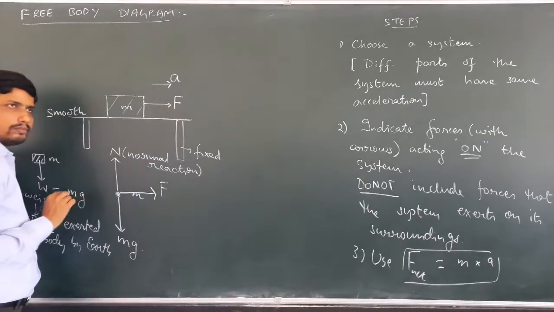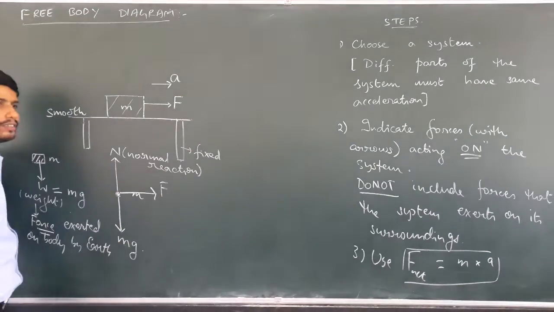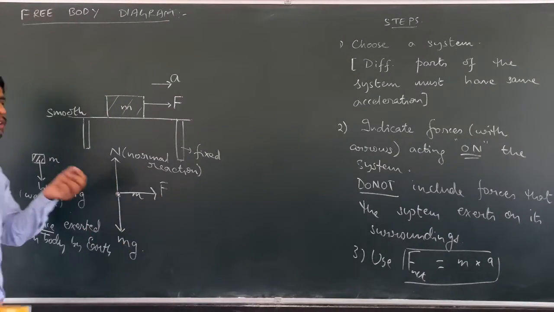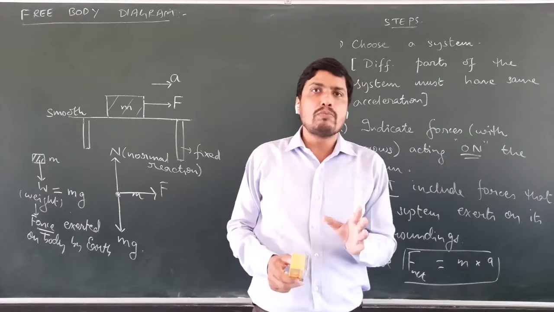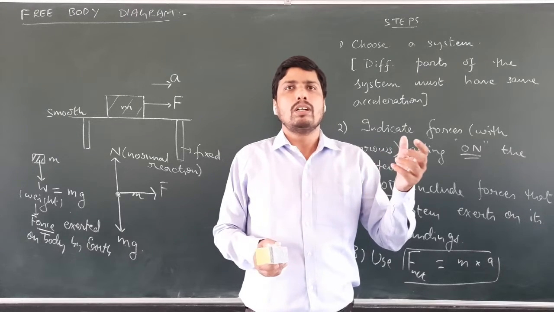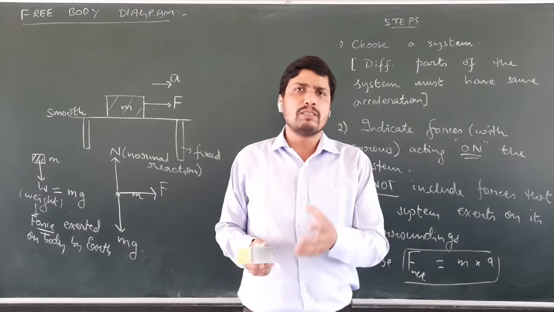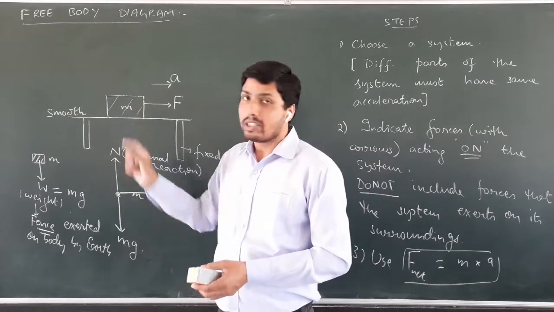The table. Who is exerting this force on the system? Earth, gravity. So always ask who. The answer to that who must be the surroundings. It may be a person, it may be a string, it may be earth, it may be something else. But it should not be the mass itself.